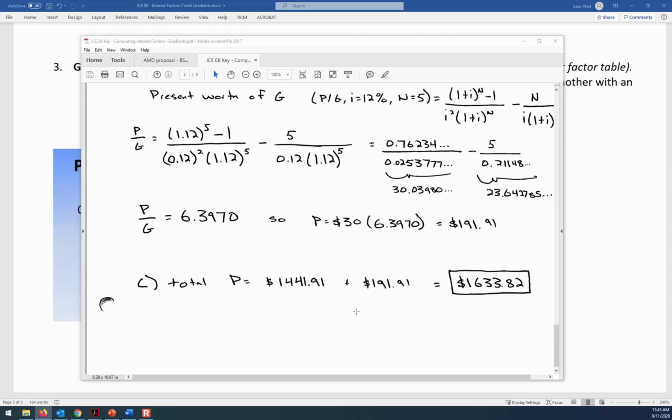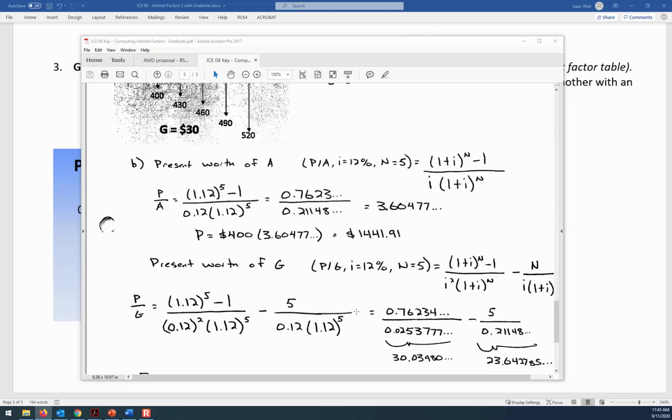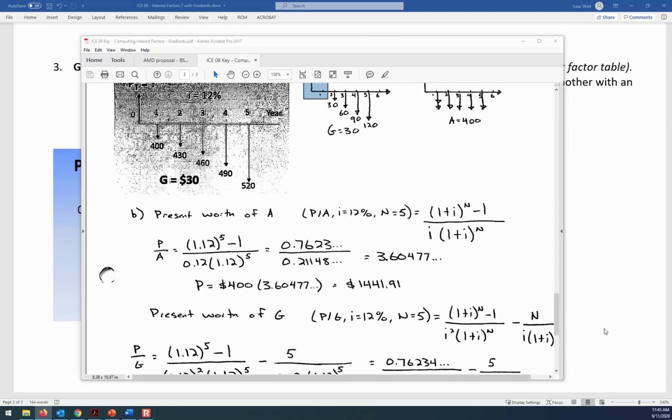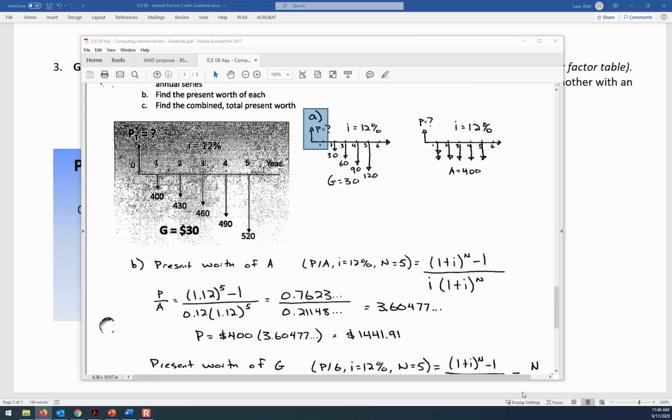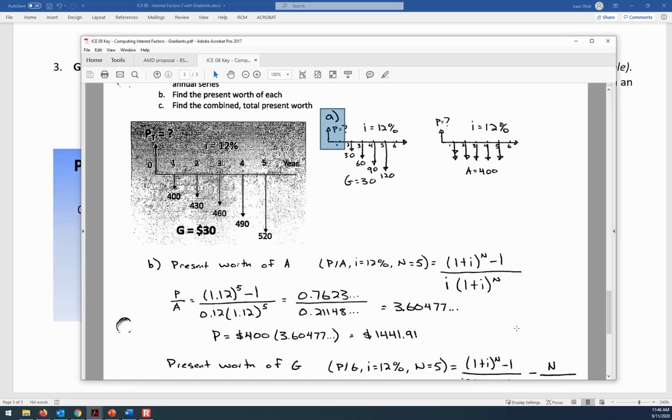Okay. All right, so here is how we do the P to A part. The formula that we use to find the present value of an annual series, I is going to be 0.12, N is 5.